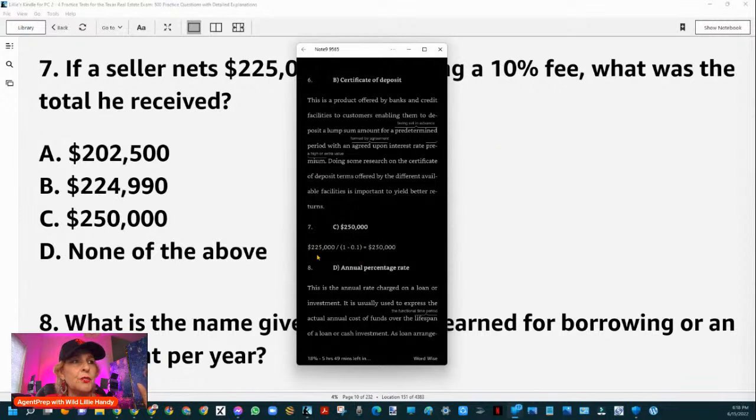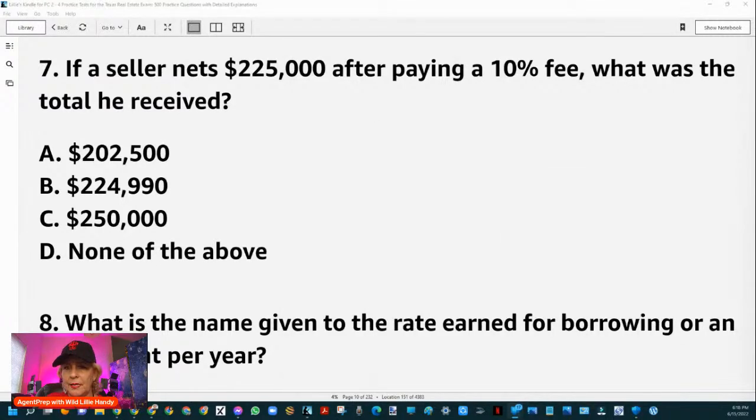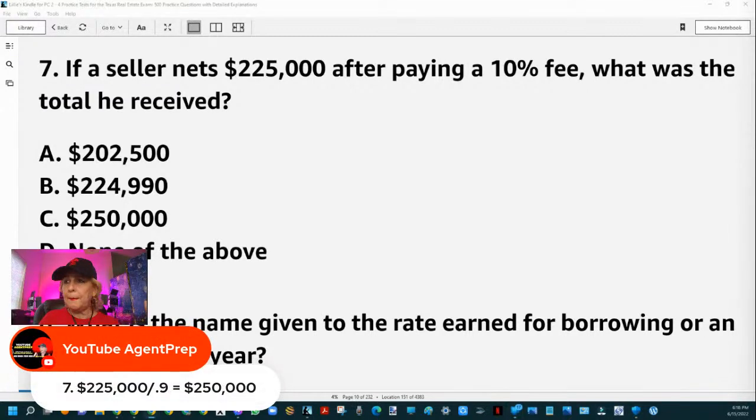So 225 divided by 1, which is equivalent to 100%, minus 0.1, which is equivalent to 10%. So that is 90%, which is 0.9. 225 divided by 0.9 gives us 250. And you got to see the answer for the next question. Got it?